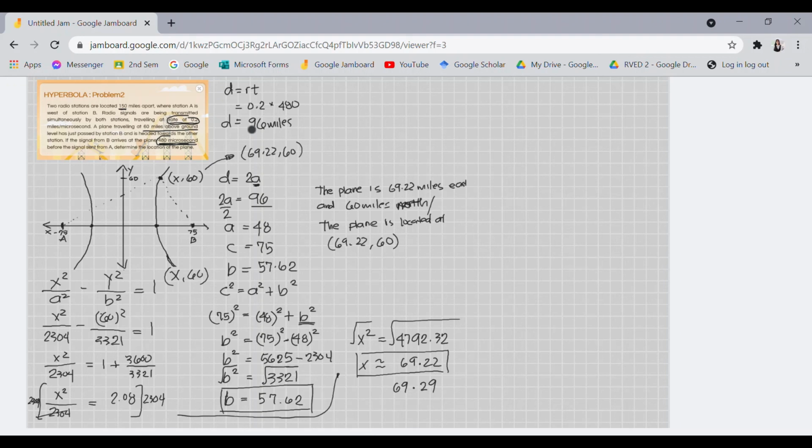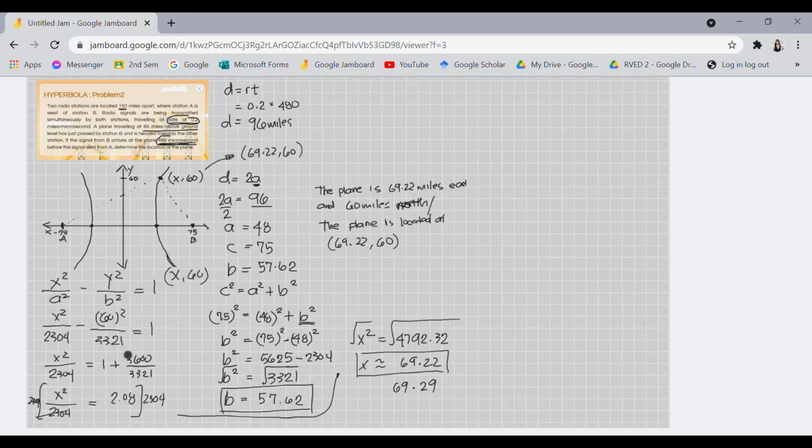Okay? So if d is equal to 2a, we therefore solve that a is equal to 48. So if a is 48 and that is also a given, which is c is 75, we now solve for b. Okay? And then having the value for a and b, we were able to write the defining equation for the hyperbola that represents the problem.